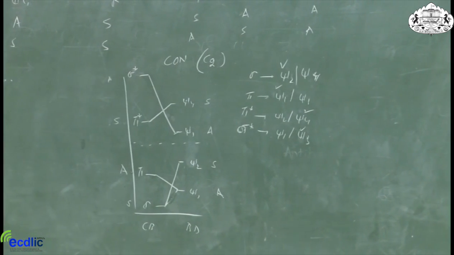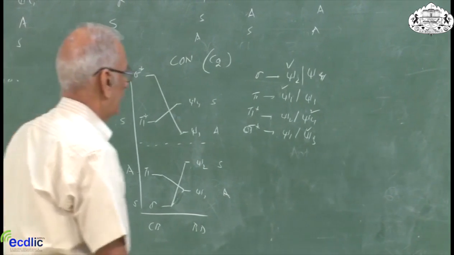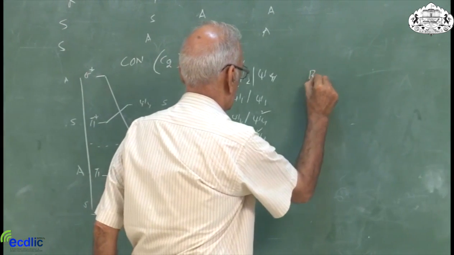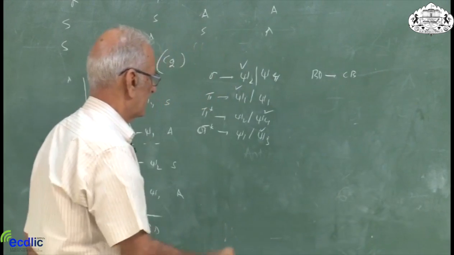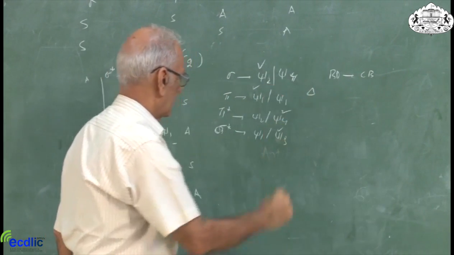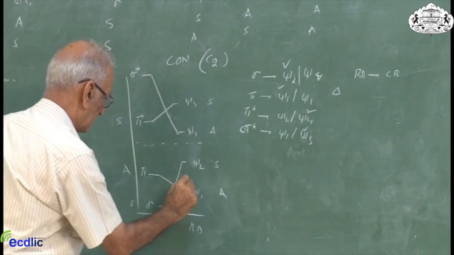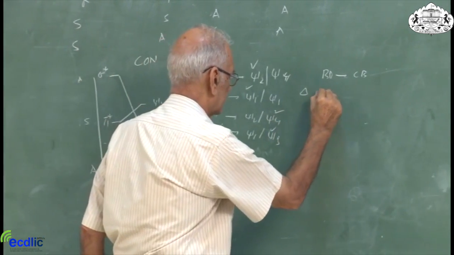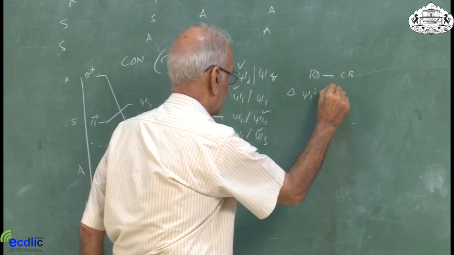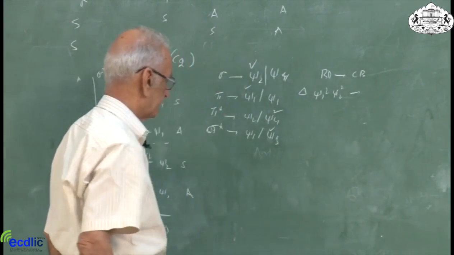Okay. So, we look at the butadiene to cyclobutene transformation. Thermal reaction, 2 electrons in psi 1, 2 electrons in psi 2.